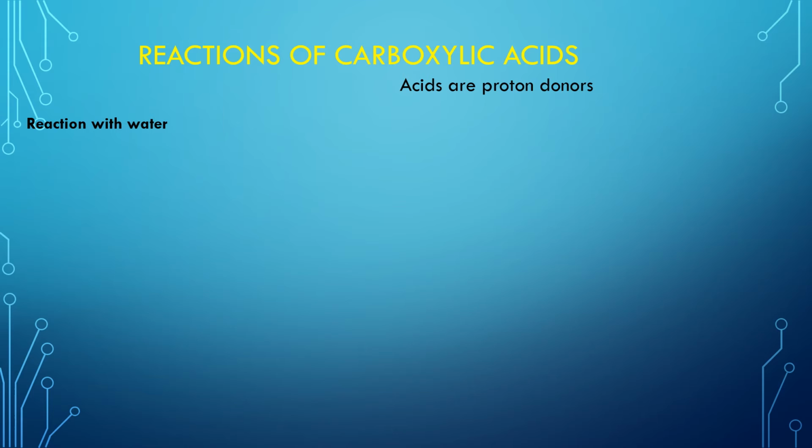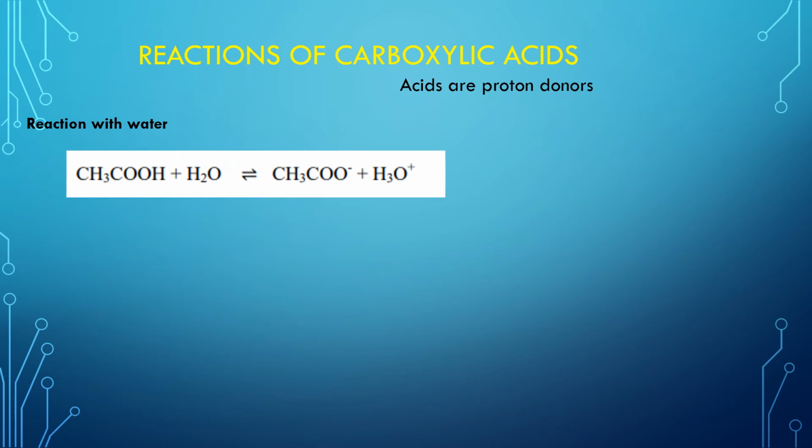So when we are looking at this particular equation, now we donated to the water. Therefore, the H plus that is going to go to the water is going to form hydronium ions, while the CH3COO minus that is going to be left behind, that is the negative anion.